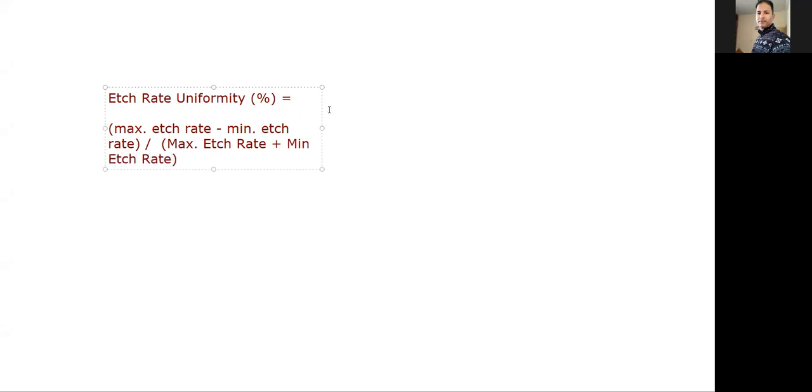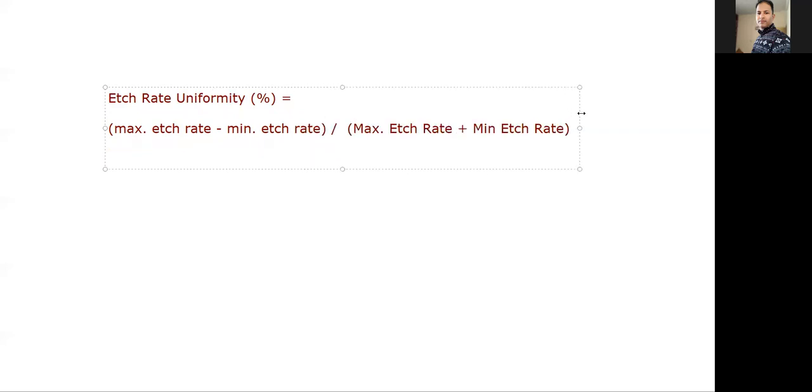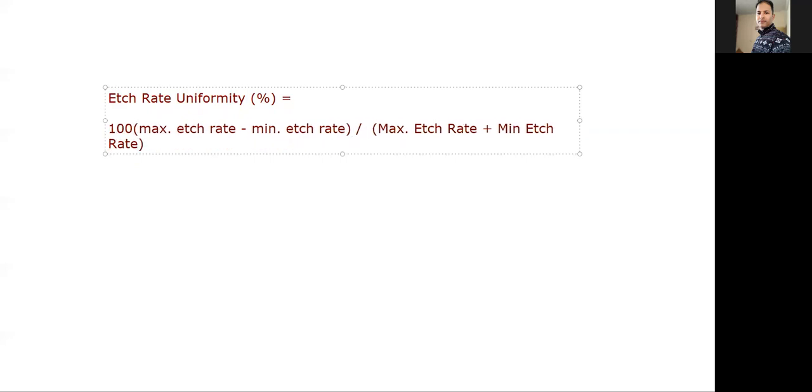So this is the expression for etch rate uniformity, and all of this is multiplied by 100 to express the uniformity in percentage.